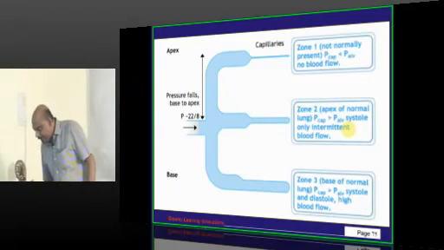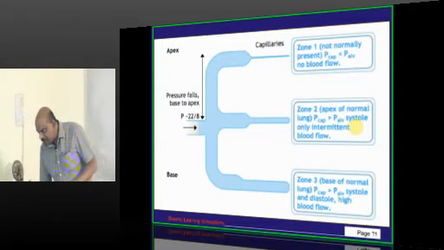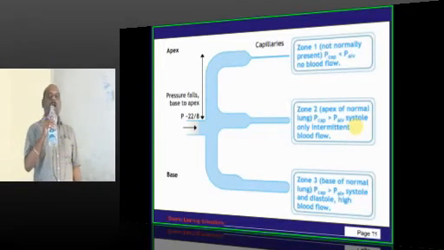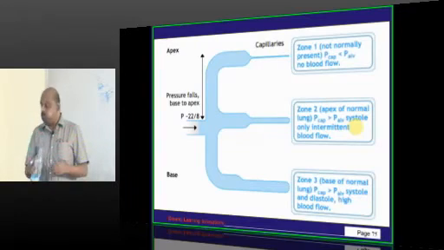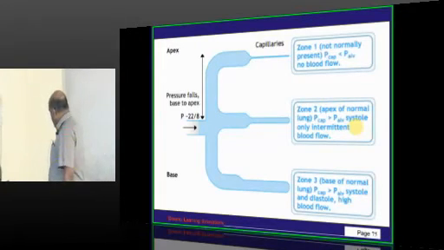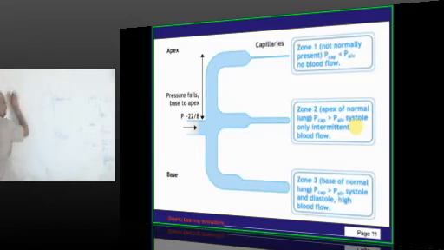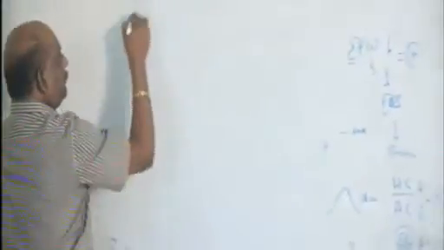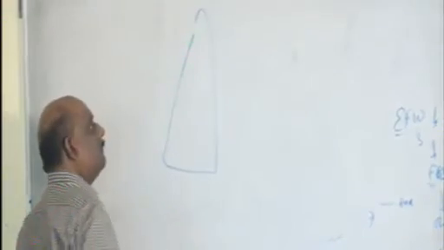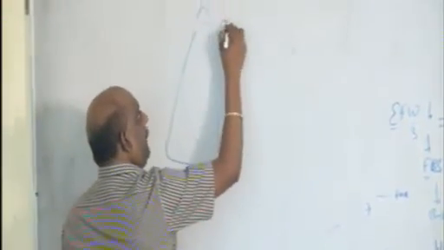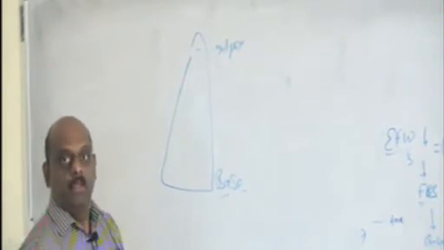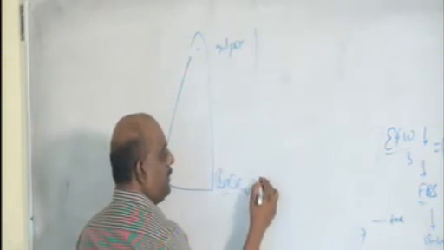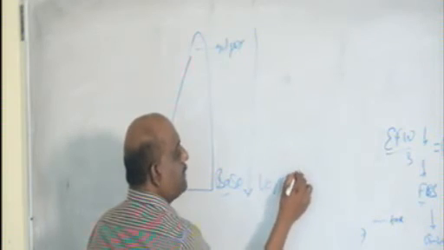So one of the very important rules that you need to remember, whenever you take the lung, apex towards base: a very important rule is, when you go apex towards base, ventilation will be increasing.